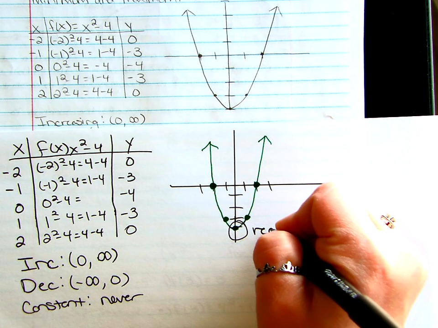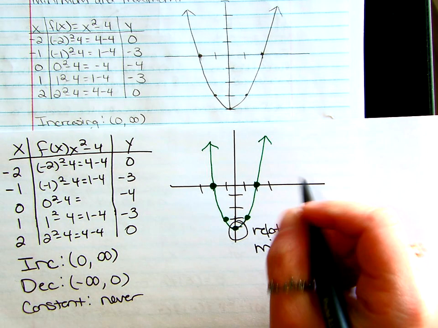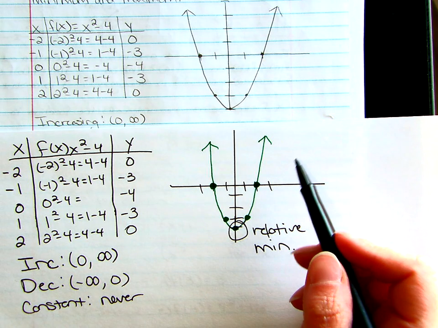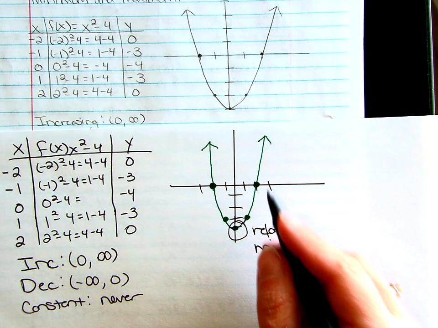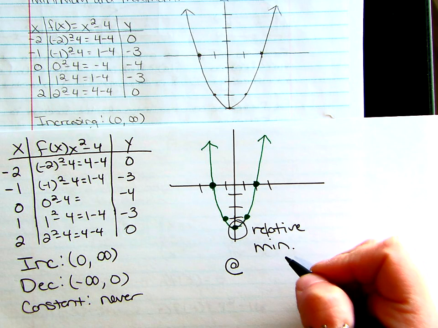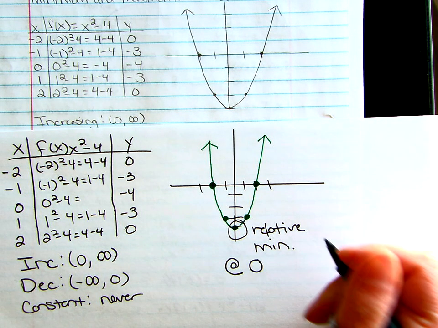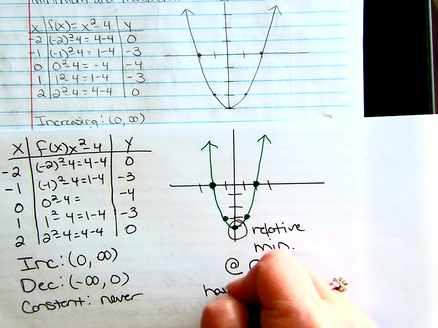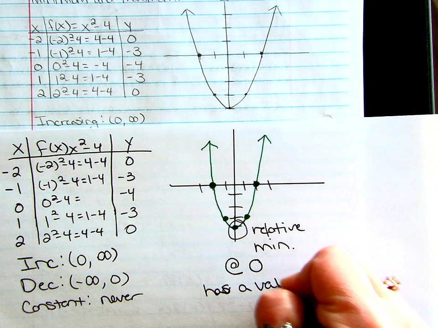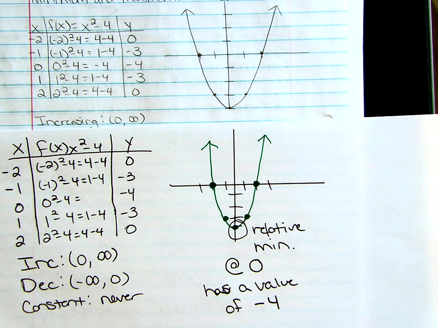Hopefully looking at the graph, you can see it's like the lowest point in the graph on this section. And so it's a relative min that happens at the x value. So it happens at 0, and it has a value of -4. So it happens at the x, but it has a value of -4.